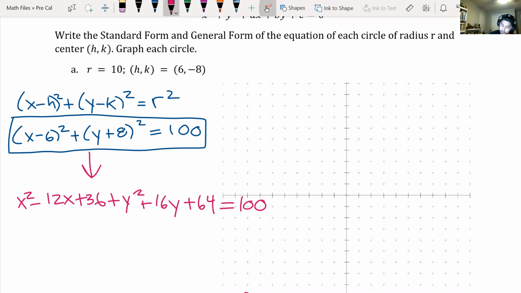I guess before we subtract, though, we could add these two up, right? Wait, is that just going to be 0 then? So when we move the 100, then yeah, it'll just become 0. Because you'll get x squared minus 12x plus y squared plus 16y plus 100 equal to 100.